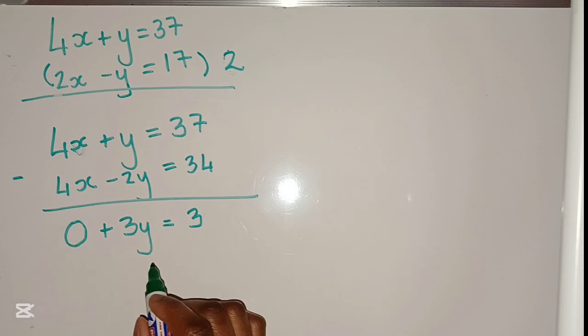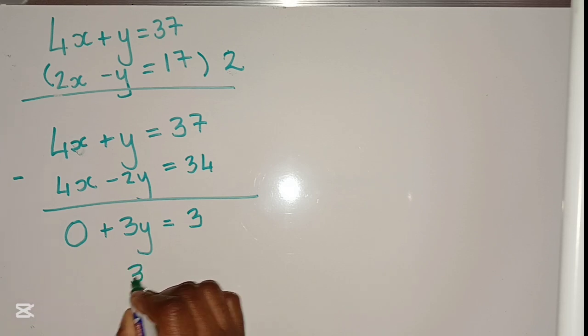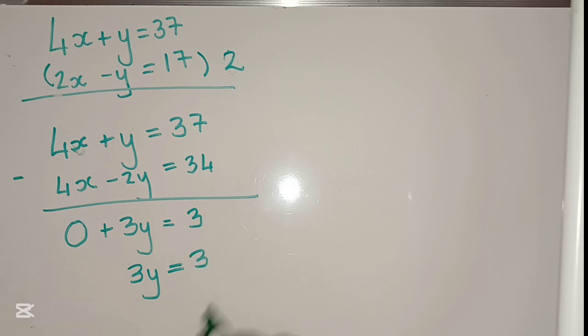Let me just remove the 0. The 0 is just there to show you that our variable x has been eliminated. So it's 3y equals 3.